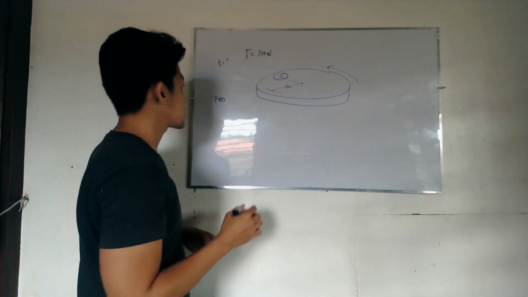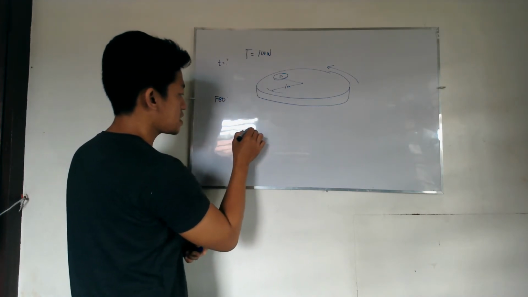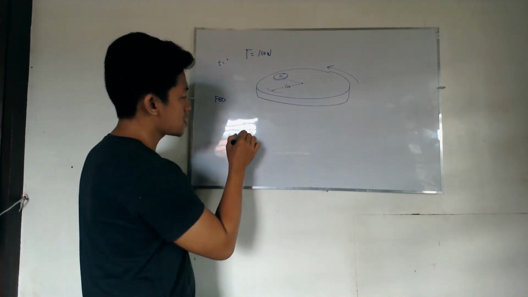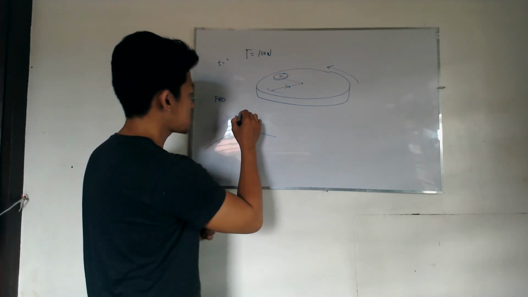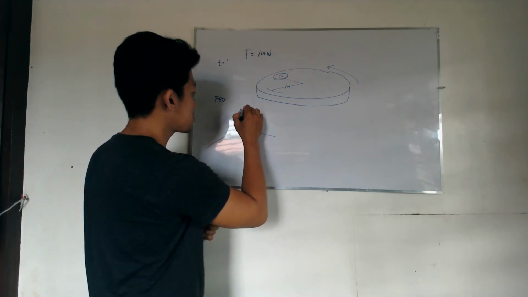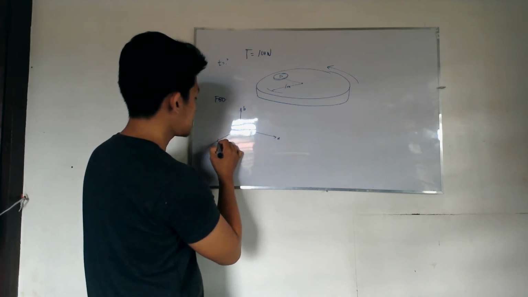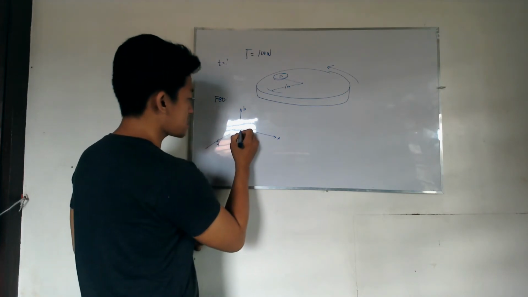So that is the scenario. Let's draw the free body diagram. This is the disc. Let's draw the normal and tangential coordinate system, so this is the binormal, normal and tangential direction.